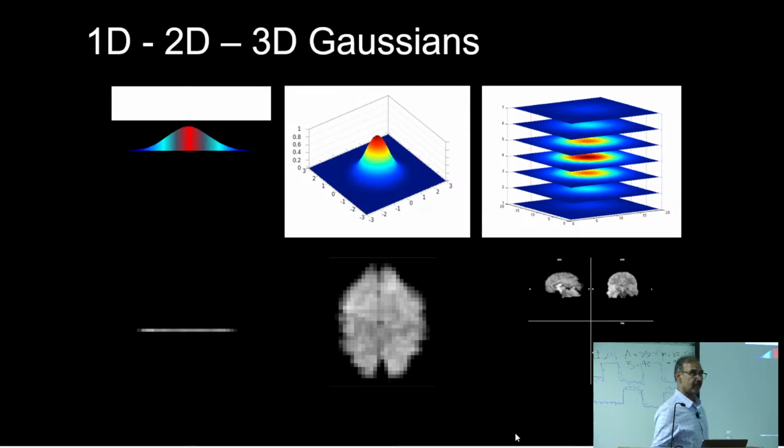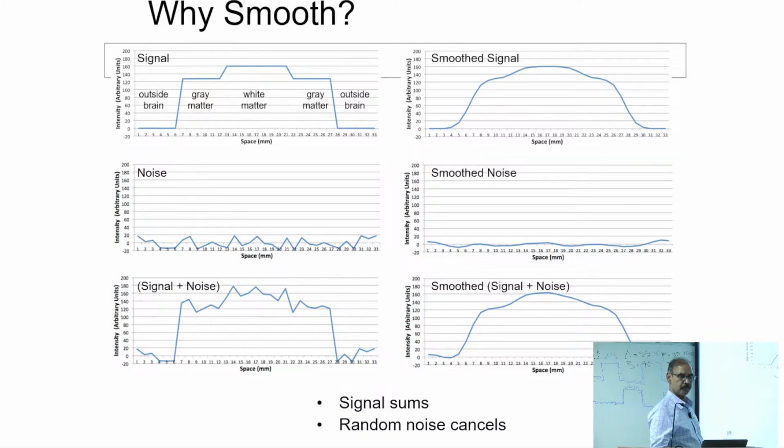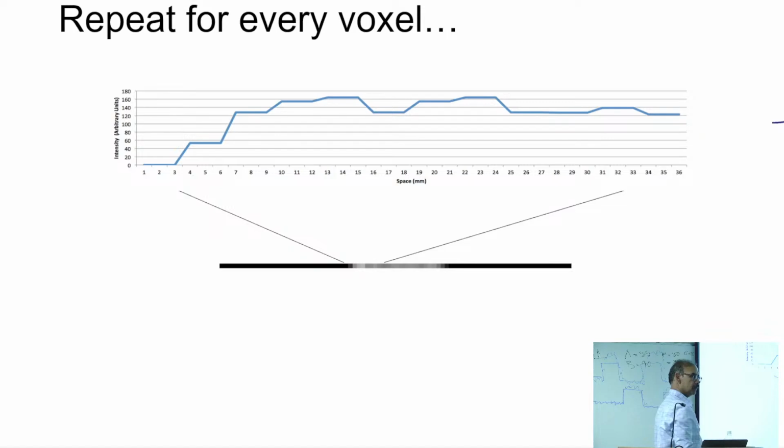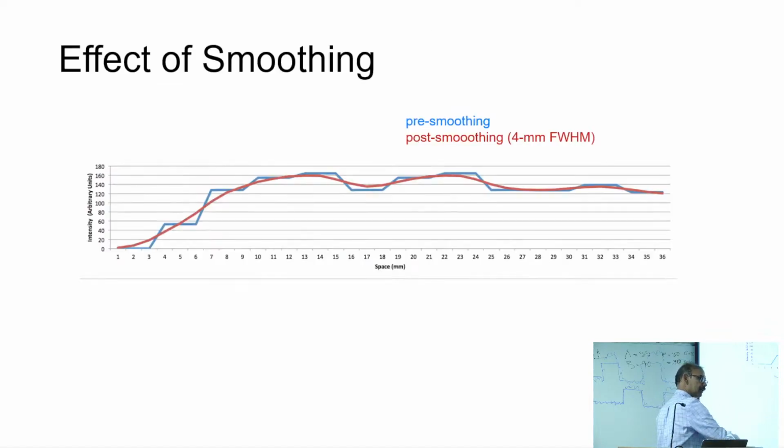Can someone tell? So I explained to you how the Gaussian distribution works along a single line, right? You do it for every element, from beginning to the end.